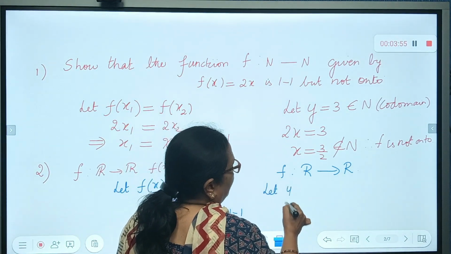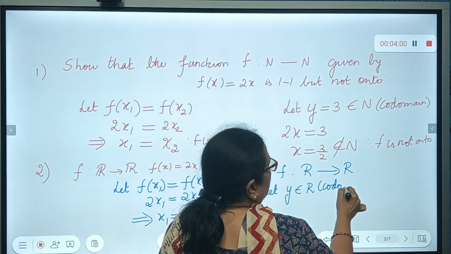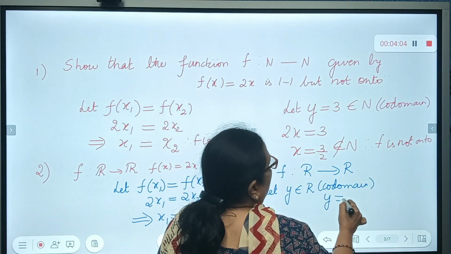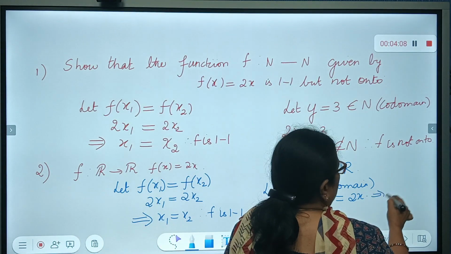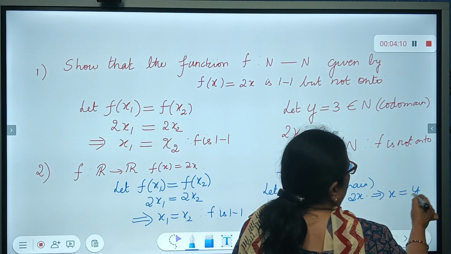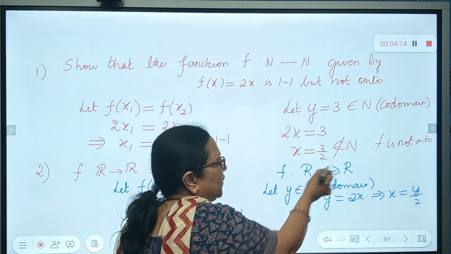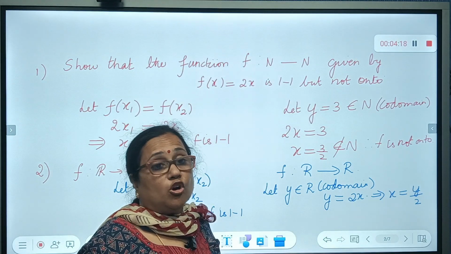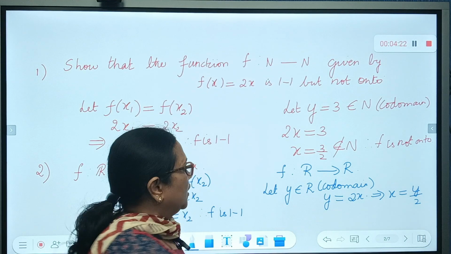So, let y belong to R, the codomain. Then what happens? y equals 2x, which implies x equals y by 2. So, if I give a y here, its pre-image will be y by 2. It is always possible. There is no contradiction here because we are dealing with the real number system.